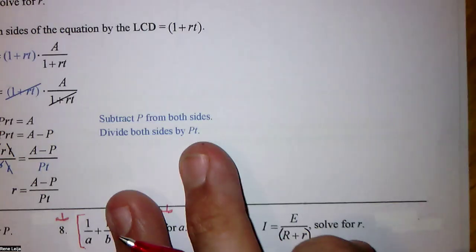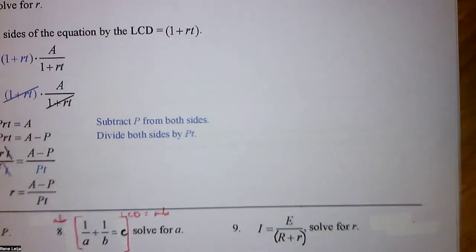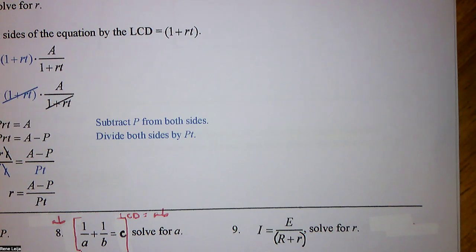Okay, so number 9, we have this equation. And I went ahead and put the big R plus little r in parentheses, so we're not allowed to break those apart just yet. Now they want us to solve for little r, but little r is in the denominator.